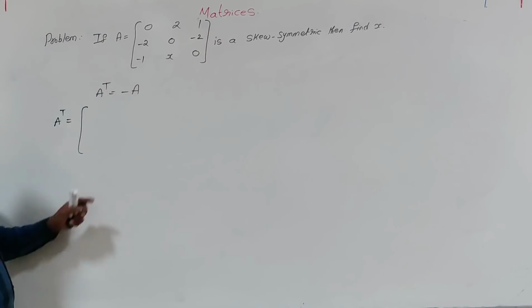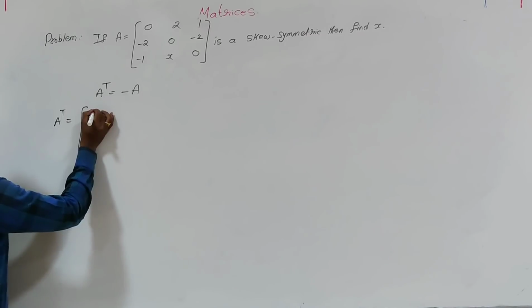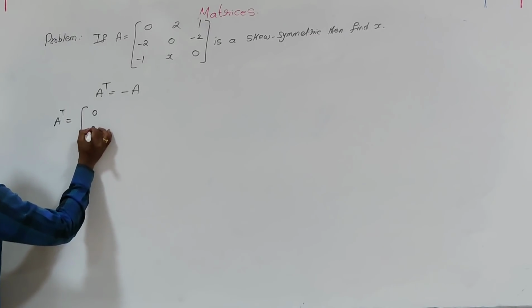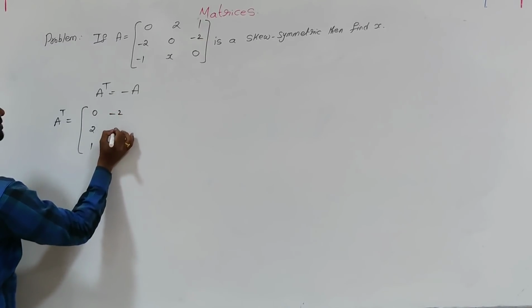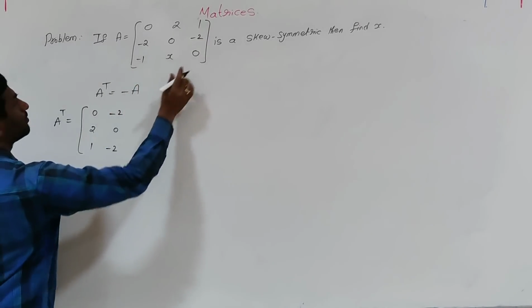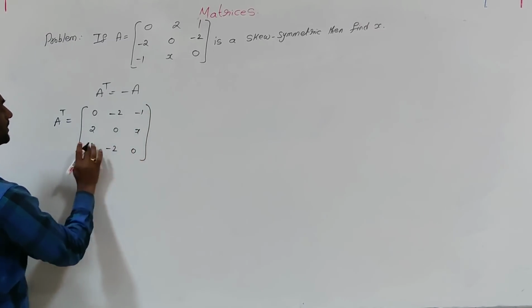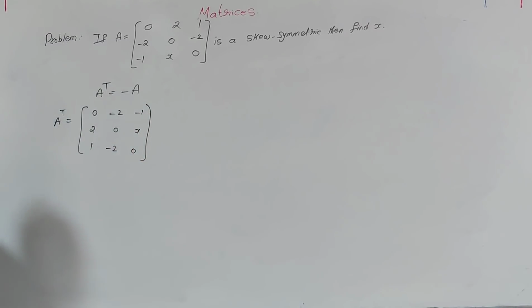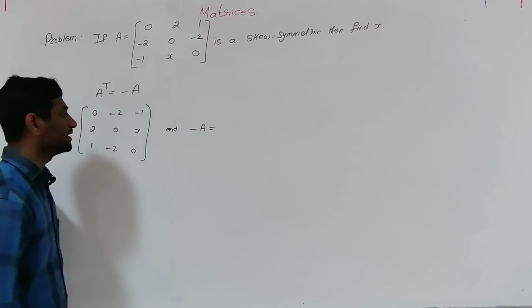Now we will see what is A transpose. A transpose will be interchanging the rows and columns. The first row becomes the first column: 0, 2, 1. The second row: minus 2, 0, minus 2. And the third row becomes the third column: minus 1, x, 0. So this is the transpose matrix. And minus A, what is minus A?